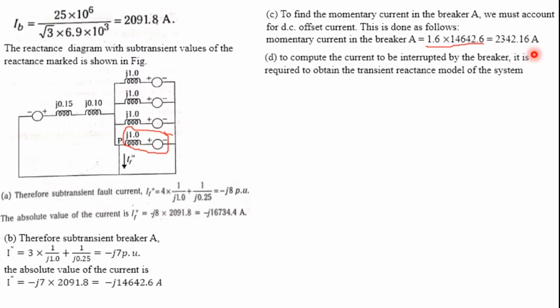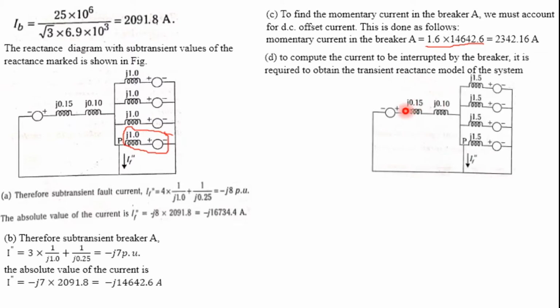Next, the last one, we have to calculate the current to be interrupted by the breaker. It requires the transient reactance, so we need to compute the current to be interrupted by breaker A. Now we have to draw the network with only the transient reactances.